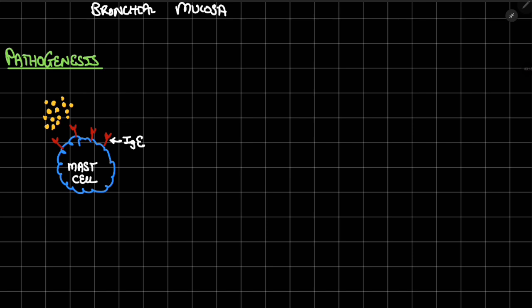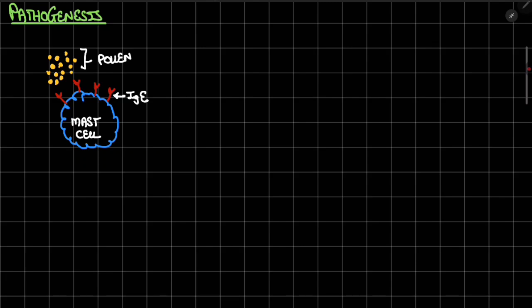So when pollen is introduced, it binds to these IgE antibodies on the mast cell. So what does this mast cell do? This mast cell releases inflammatory mediators.